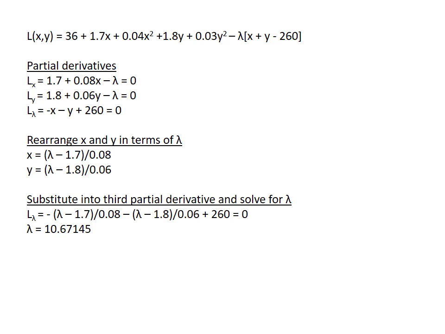We can do the same thing with respect to y, and then also with respect to lambda. So we get 3 equations where our unknowns are x, y, and lambda. We set them all equal to 0. And if we want to solve this system of equations, we can first rearrange the values of x and y strictly in terms of lambda.